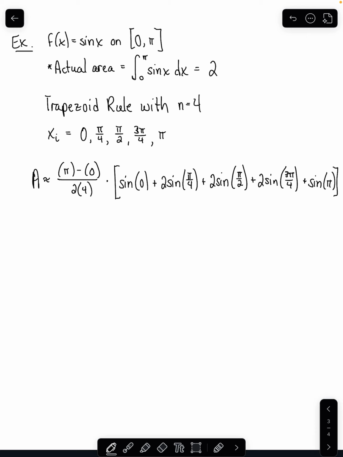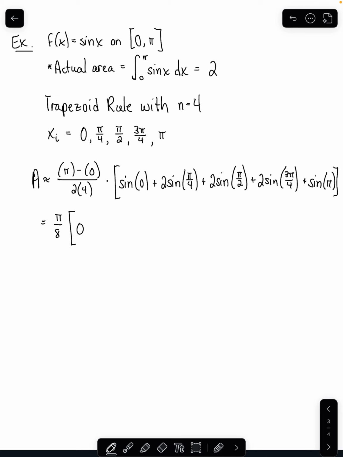And the rest of this is just evaluating it. Now again, eventually we're going to have to put this into the calculator, but a little bit of evaluation or algebra now will help us to simplify what we have to put into the calculator. So for example, we can simplify the fraction out in front to be pi over 8. We also know then that sine of 0 is equal to 0. Likewise, sine of pi is also equal to 0.